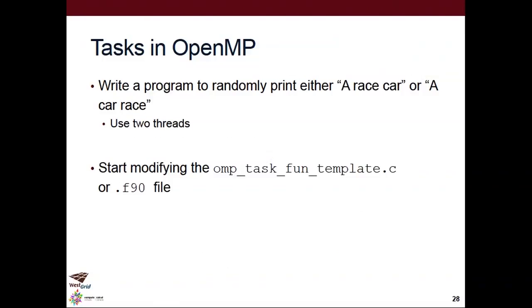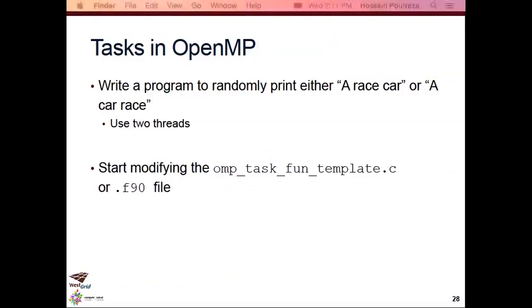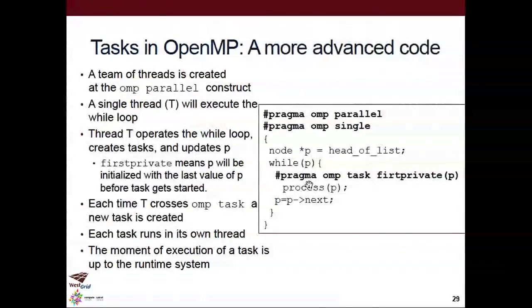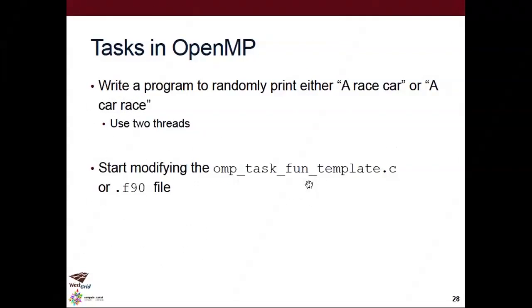And the last example, I think we have some time to do it. Yeah, we have. You have a code called OMP task fun template. Try to write this program, which randomly prints either a race car or a car race.